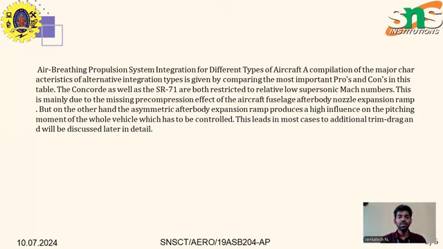This is mainly due to the missing precompression effect of the aircraft fuselage and the afterbody nozzle expansion ramp. On the other hand, the asymmetric afterbody expansion ramp has a high influence on the pitching moment of the whole vehicle, which has to be controlled. This leads in most cases to an additional trim drag, which will be discussed later in detail.